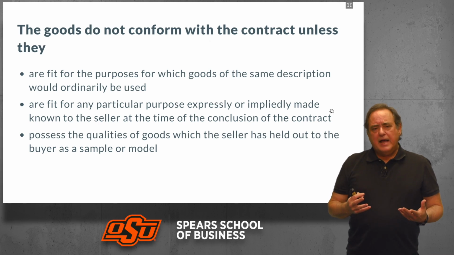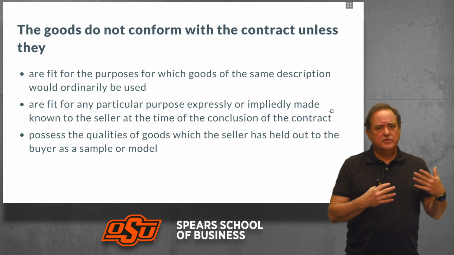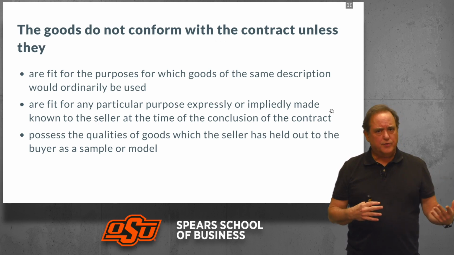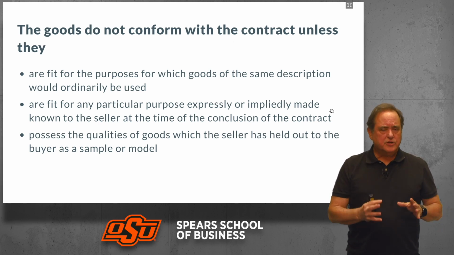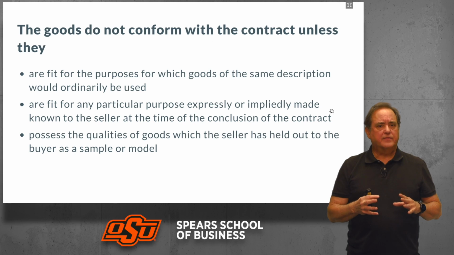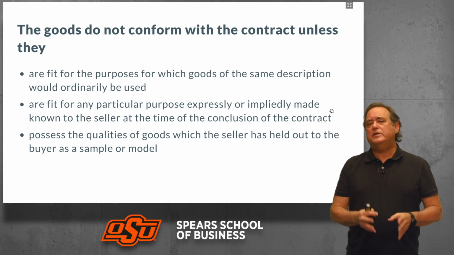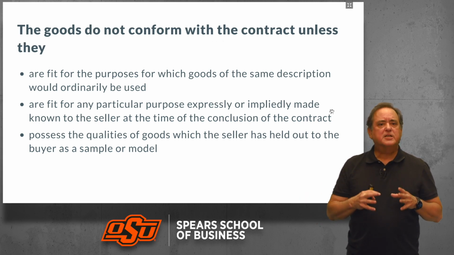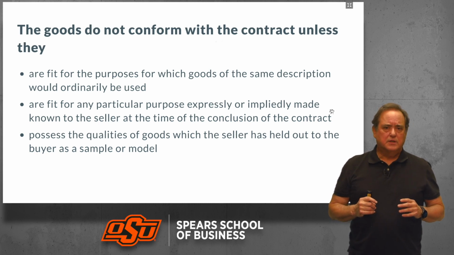What this applies to is if the buyer tells the seller, either expressly or through implication, about special concerns of the goods, and the seller promises to address those goods, then the goods, which may be useful for their ordinary purpose, must match the use in this particular case.